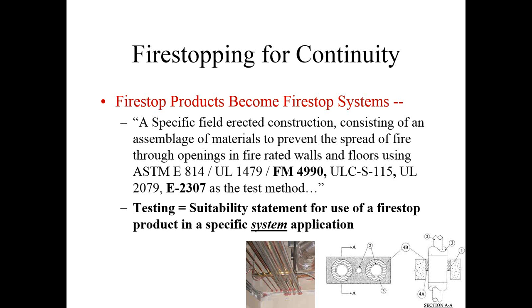So those are the two big pieces to watch for, such that if a system is ULC S115 tested and does not have the H rating, it would not be suitable for use in the U.S. Also, U.S. systems that are tested to UL 1479 that don't have the 50 Pascal furnace pressure may not be suitable for use in Canada in multifamily applications with plastic piping. You have to check the specific code requirements for that as well.